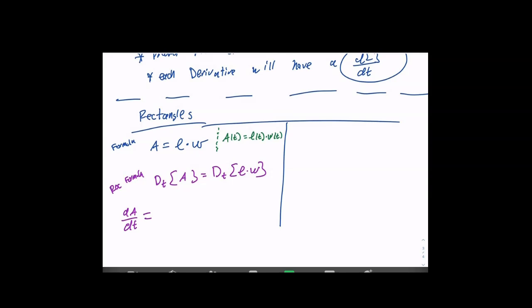You've taken derivatives of these types with implicit differentiation. Nothing has changed in that concept. So what do I have to use? Product rule? Yeah, product rule. Perfect.